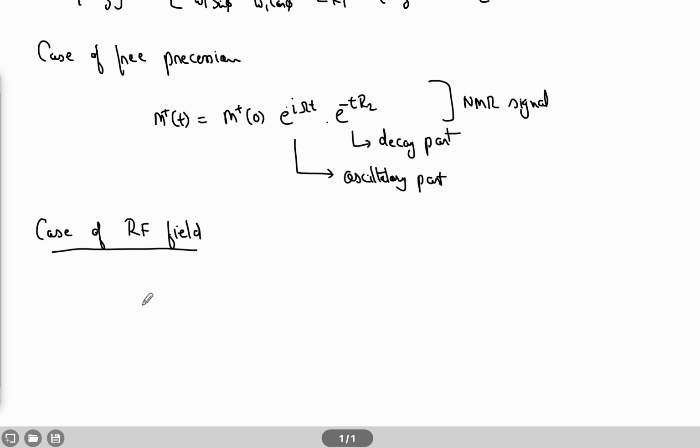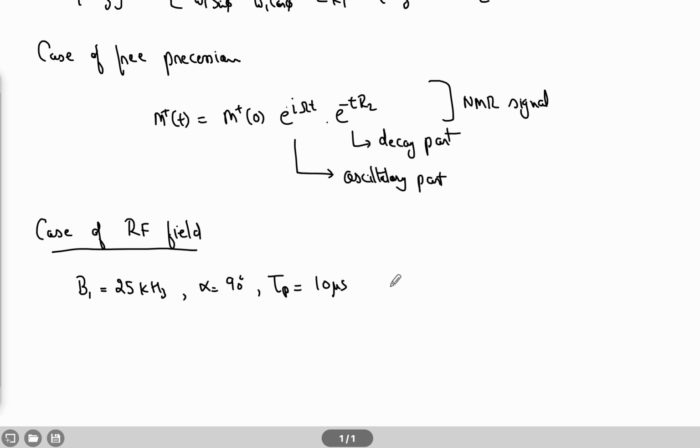So what I mean is, for a typical B1 field, let's say I'm applying a B1 field of 25 kilohertz, and my flip angle is 90 degrees, the pulse length tau p will be of microsecond time scale, roughly 10 microseconds. Of course this will also depend on the power of the pulse.